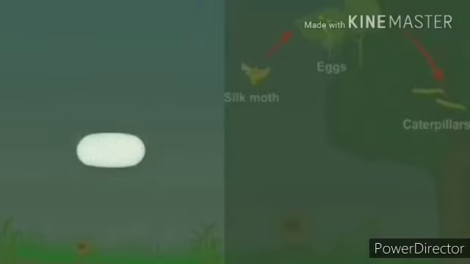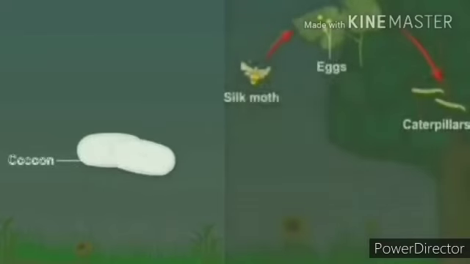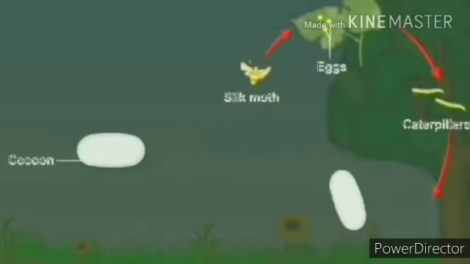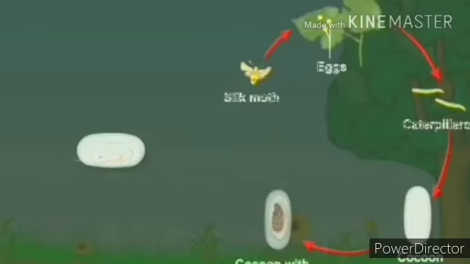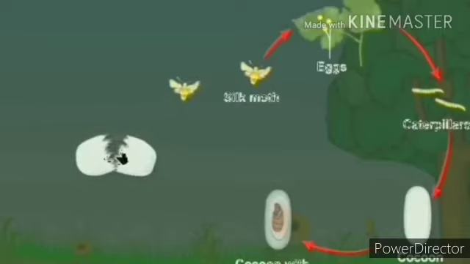This silk covering in which a silkworm covers itself is known as cocoon. So, the development of the silkworm takes place inside the cocoon. After some time, the pupa enters the adult stage and emerges out of the cocoon as a moth. The entire process thus continues and is known as the life cycle of silkworm.